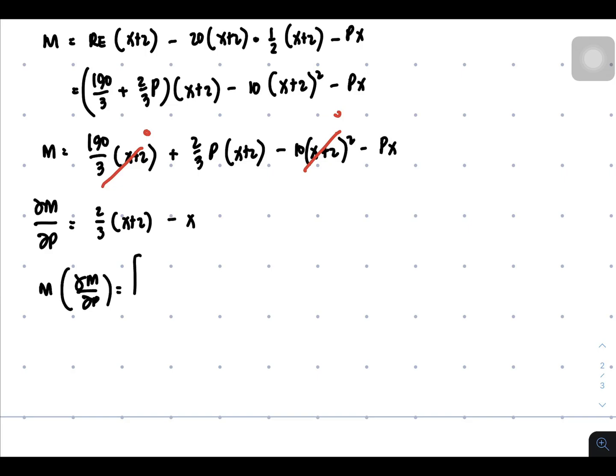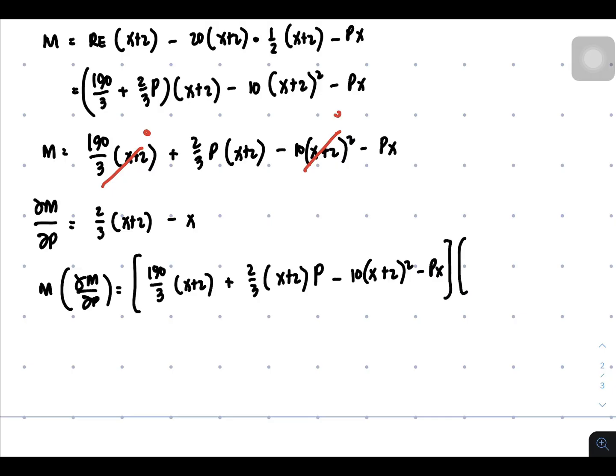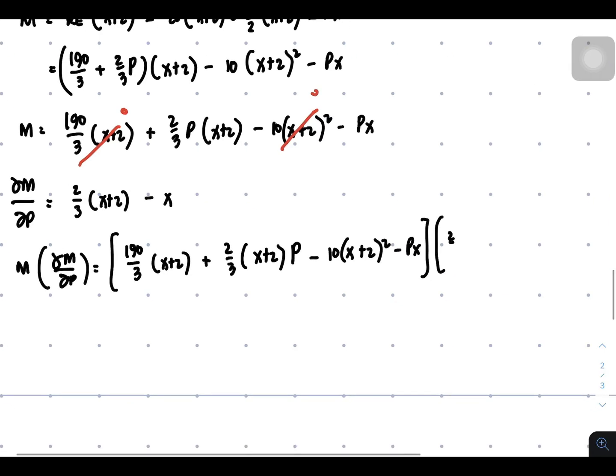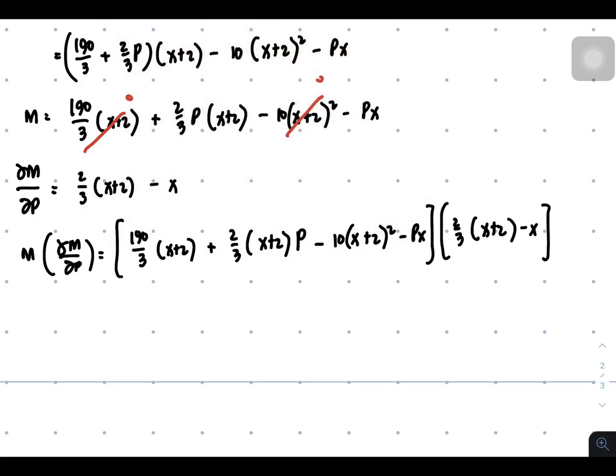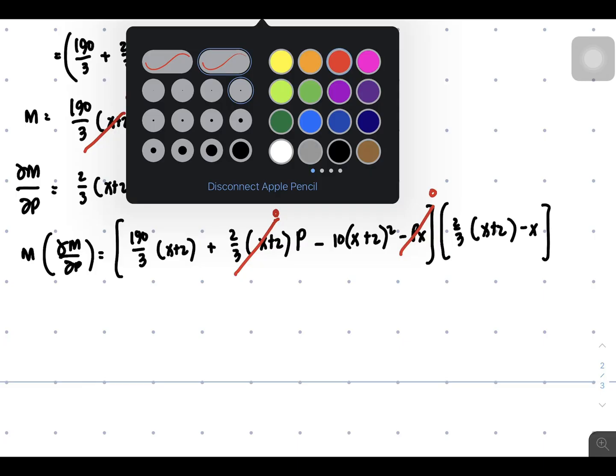This is now 190 over 3 x plus 2 plus 2/3, let me just rearrange, x plus 2 times p minus 10 x plus 2 square minus px, and you pair it with the partial derivative. It's 2/3 of x plus 2 minus x, and set permanently to 0 the term with p. So that one.